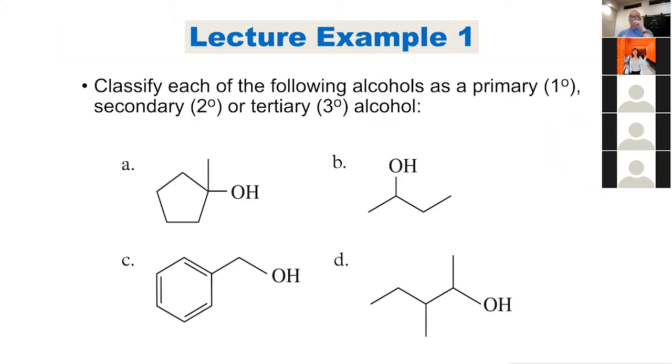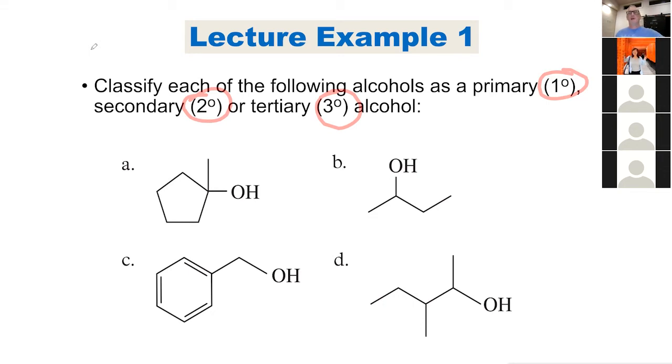So let's look at these 4 molecules and determine who the hydroxyl group is attached to. Are they primary, secondary, or tertiary alcohols? Hopefully everyone remembers the difference between them. So what about A? How do we determine whether an alcohol is primary, secondary, or tertiary?